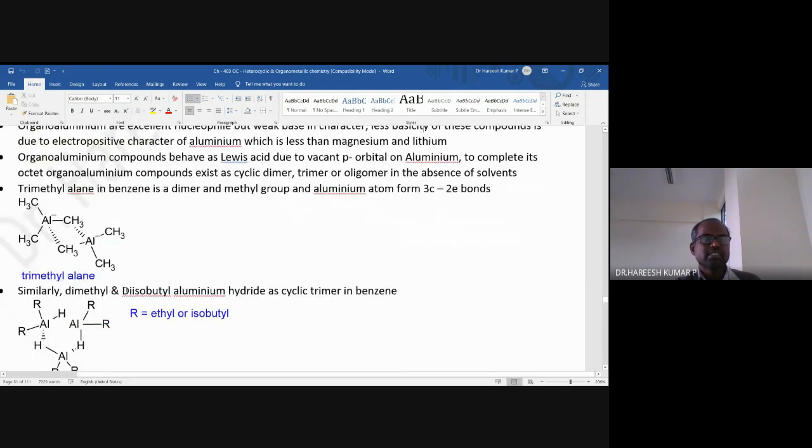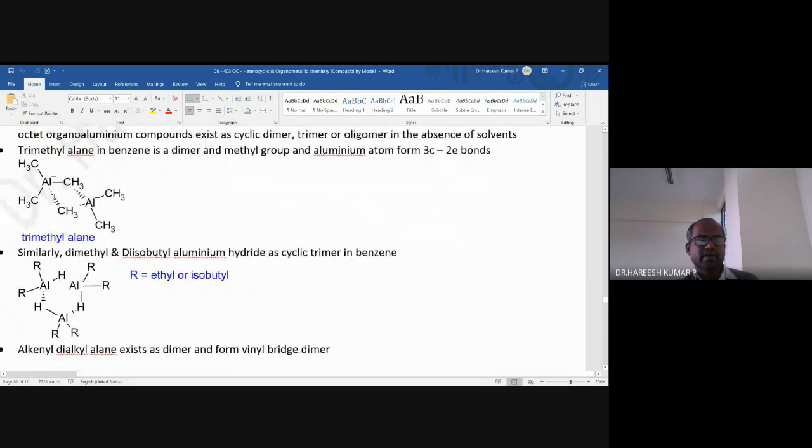Next, similar to that dimer, there are trimers. A few more examples I am taking: dimethyl, or you can also take diethyl or diisobutyl aluminum hydride, as a cyclic trimer in benzene.